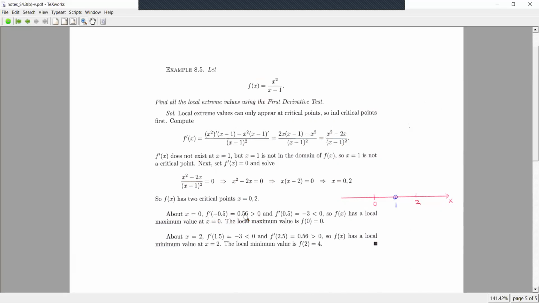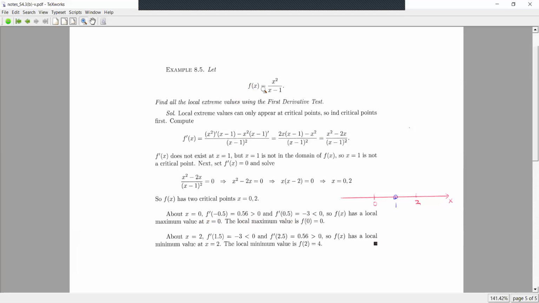Therefore, on the left of the critical point 0, the derivative is positive. Similarly, pick a point on the right of 0, we get negative. So the derivative changes sign at the critical point 0 from positive to negative.